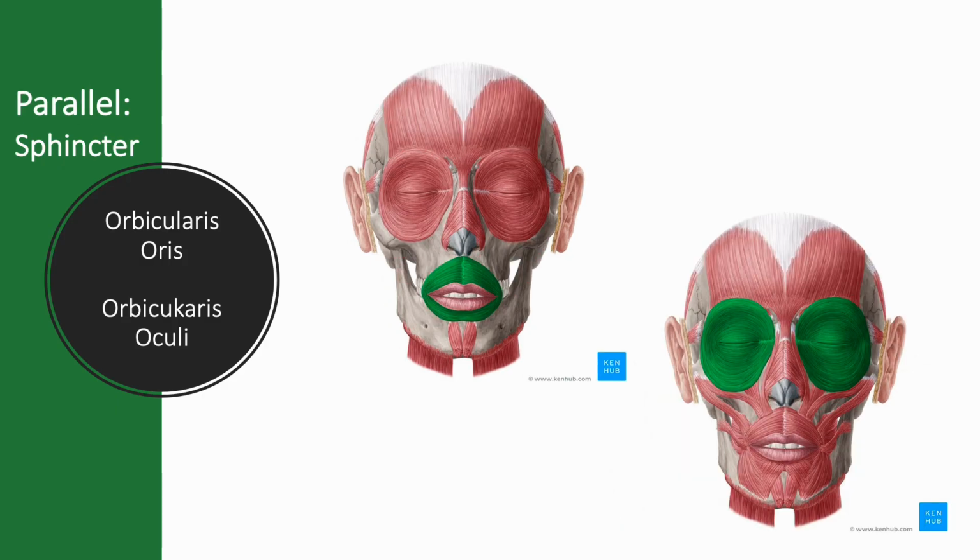Okay, here we have the sphincter muscles, two of which are the orbicularis oris and the orbicularis oculi. The orbicularis oris is around the mouth, and orbicularis oculi, of course, around the eye. And these are the gatekeepers.